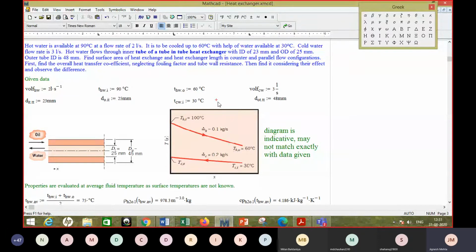So for P, this difference, that is 30 degrees, divided by the maximum temperature difference. So what is the maximum temperature difference? It is 90 minus 30, right? So that is 60.